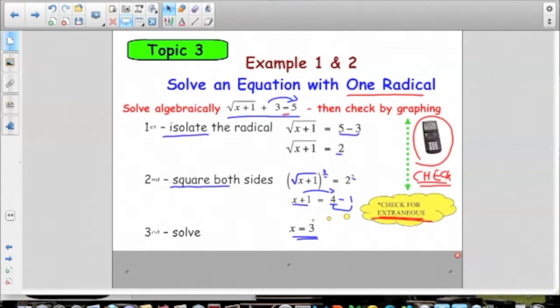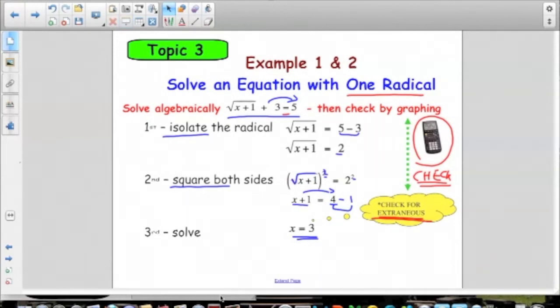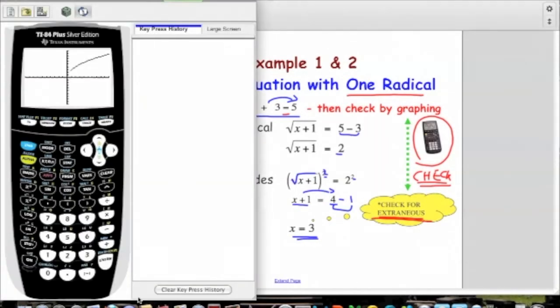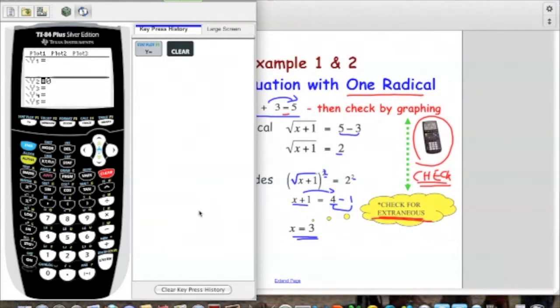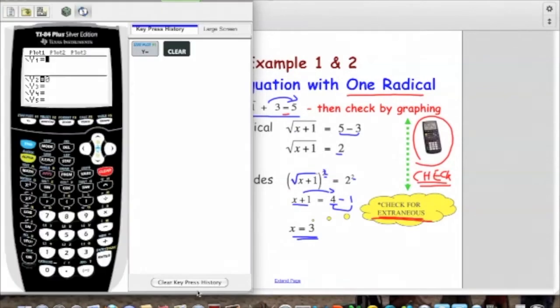So now what I want you to do is get your calculator out and go to your graphing mode, which is your y equals. And let's just clear what's in there from before. Now what we're going to do is enter in what our equation is.